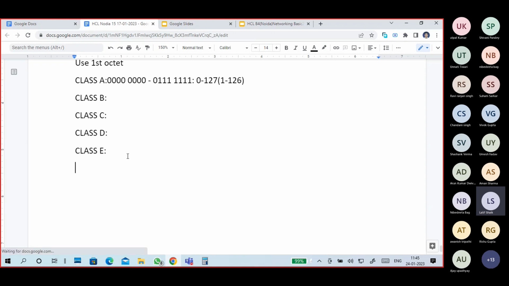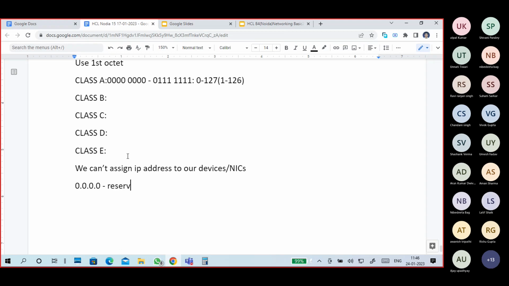Okay. What is the reason? We can't assign some of these IP addresses to our devices, our NICs, because they are reserved IP addresses. The first one is a reserved IP address, used for certain services, like default routing configuration, DHCP, the DORA process time.